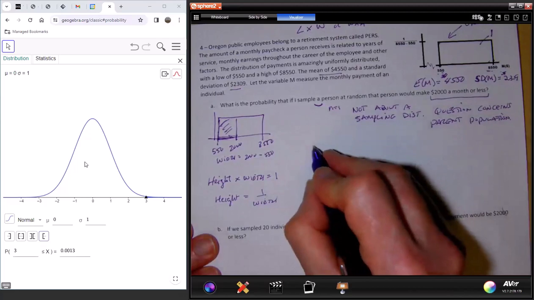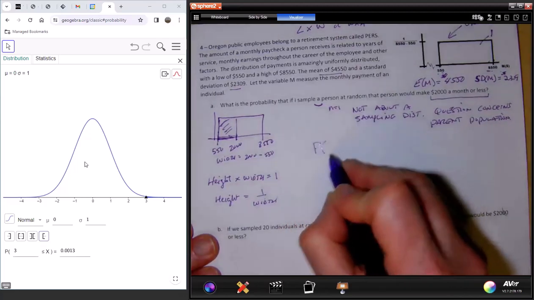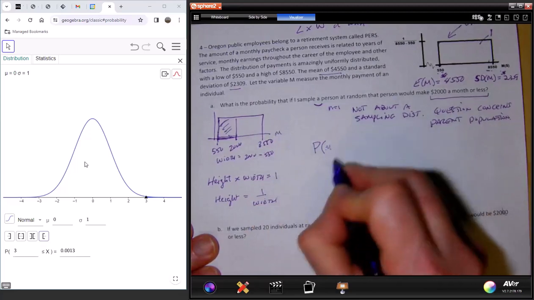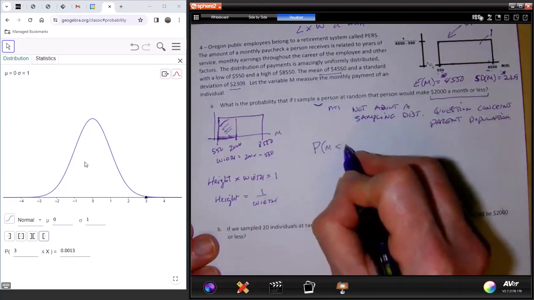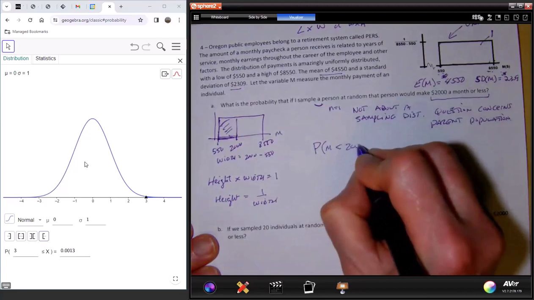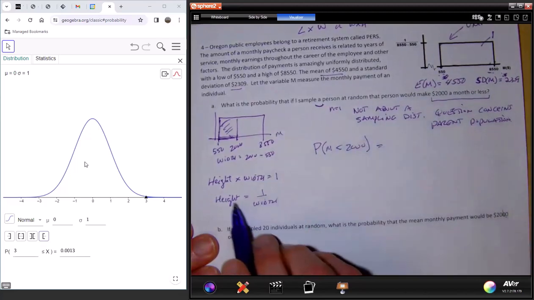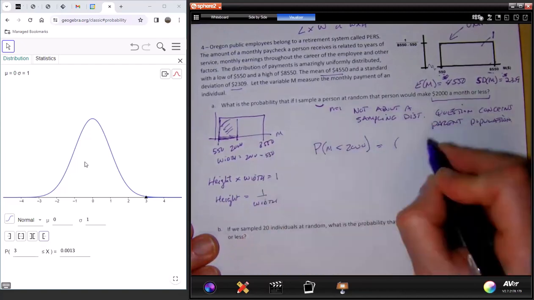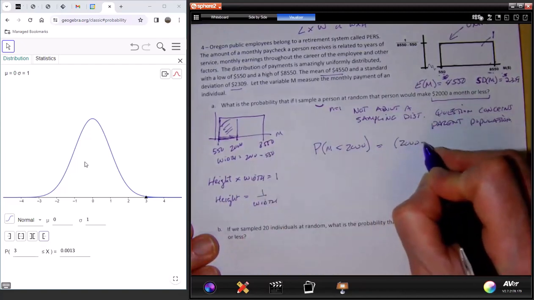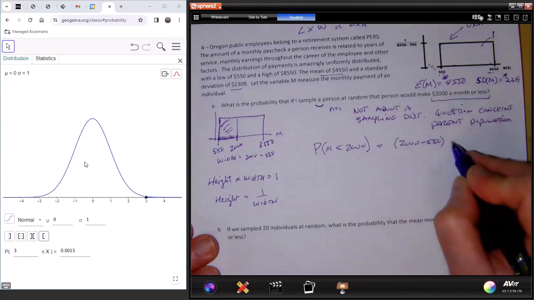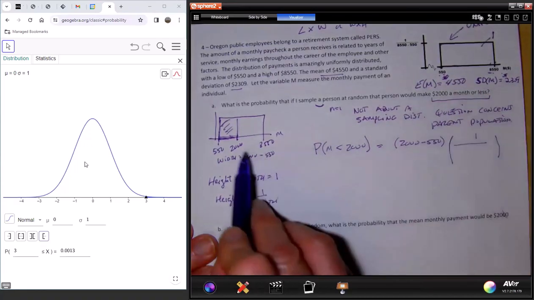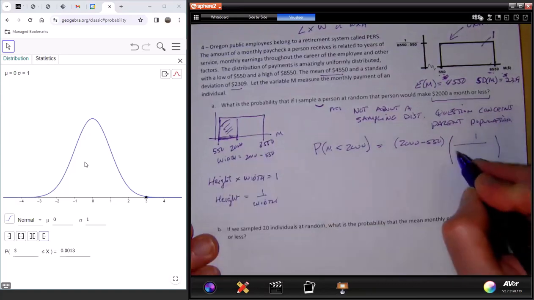So if I want to know what's the chance that my variable, in this case M, is less than 2,000, what I need to do is height times width. The width is 2,000 minus 550, times my height, which is 1 over the entire width, the difference again.